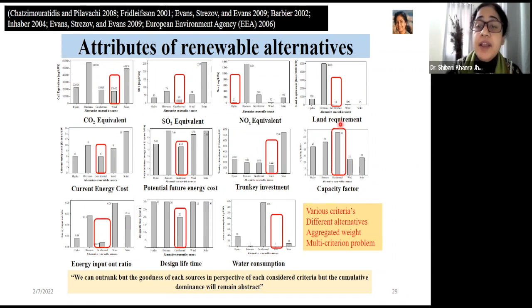Capacity factor is highest in case of geothermal. So we understand the capacity factor as how much, compared to the maximum installed capacity, can be used from a particular source or that particular plant. The energy input output ratio is again lowest, which is the desired factor in evaluating a particular alternative, whereas design life is considered mostly 20 years, because it is not well established in the global scenario.